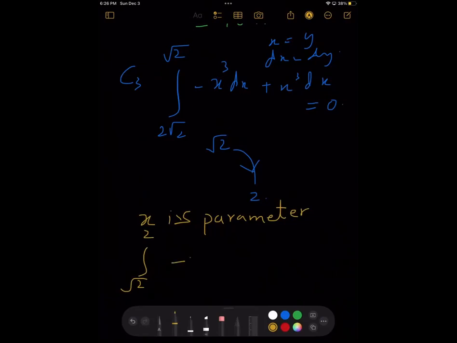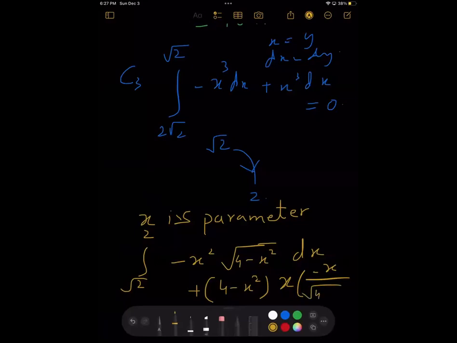We have minus x squared. Just like we did for the big circle, we have this time the small circle with radius 2. So the square root of 4 minus x squared dx plus the square root of 4 minus x squared times x dot minus x over the square root of 4 minus x squared dx.